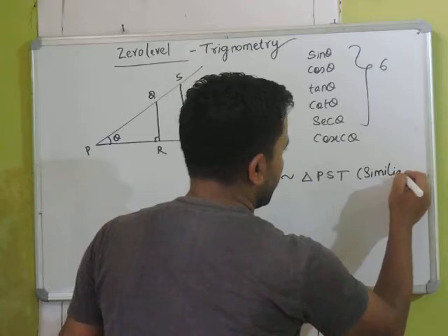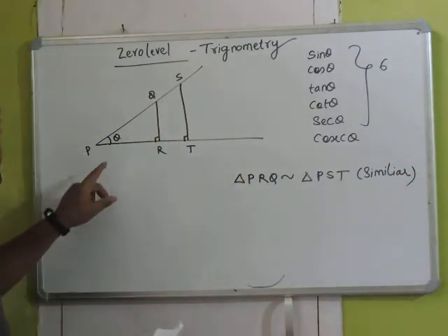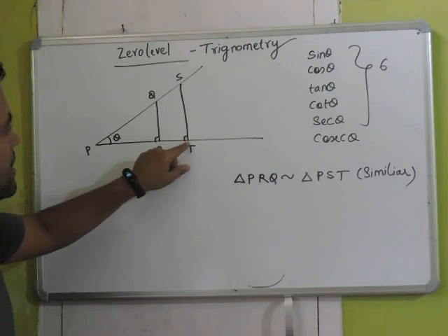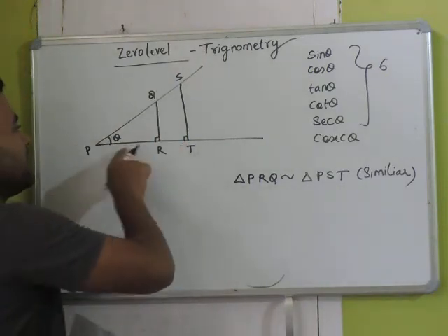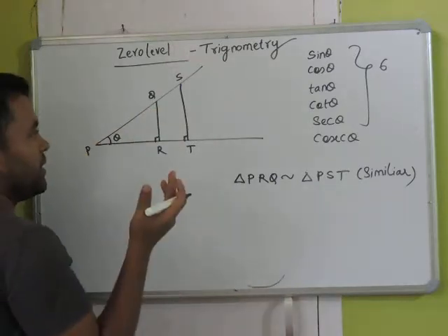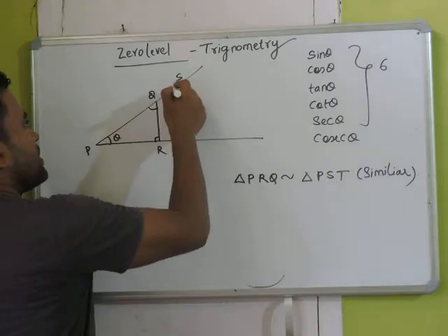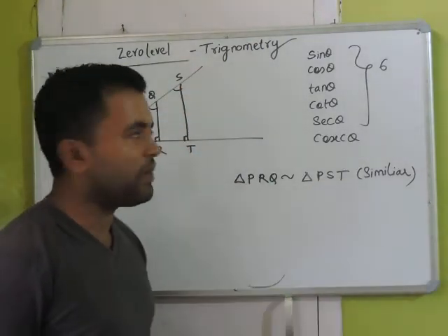Why are they similar? If you see, in both triangles one angle is the same, this angle is the same, and because the sum of interior angles adds up to 180 degrees, this angle will also be the same. So we conclude that they are similar.